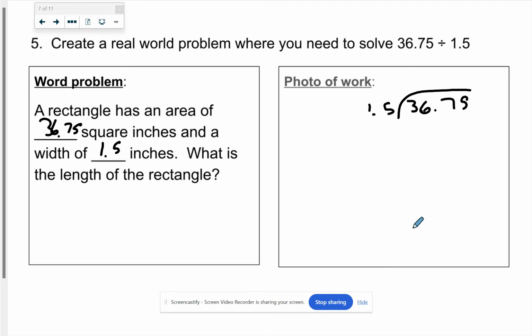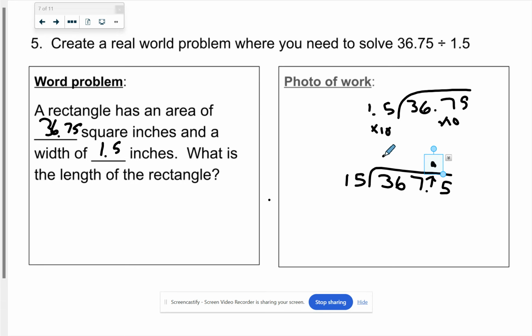All right, I have set up my division, but unfortunately we have a decimal on the outside. We cannot have that. So we need to multiply 1.5 by 10 to become 15. And if we multiply the outside by 10, we also need to multiply the inside by 10. So that's going to become 367.5. And then your decimal point goes straight up.